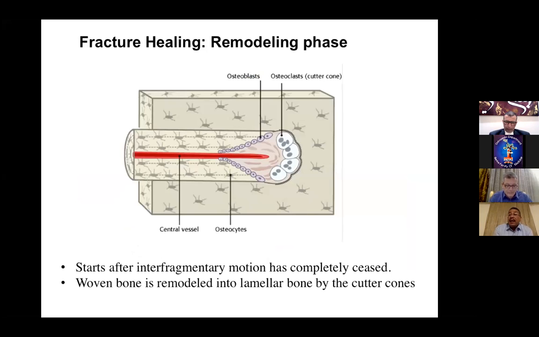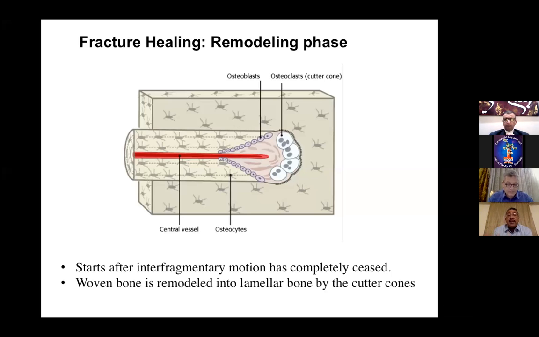After forming this woven bone, we come into a later phase of fracture healing, which is the remodeling phase. We should understand this point very well because we will return to it again during our talking about the types of stability.